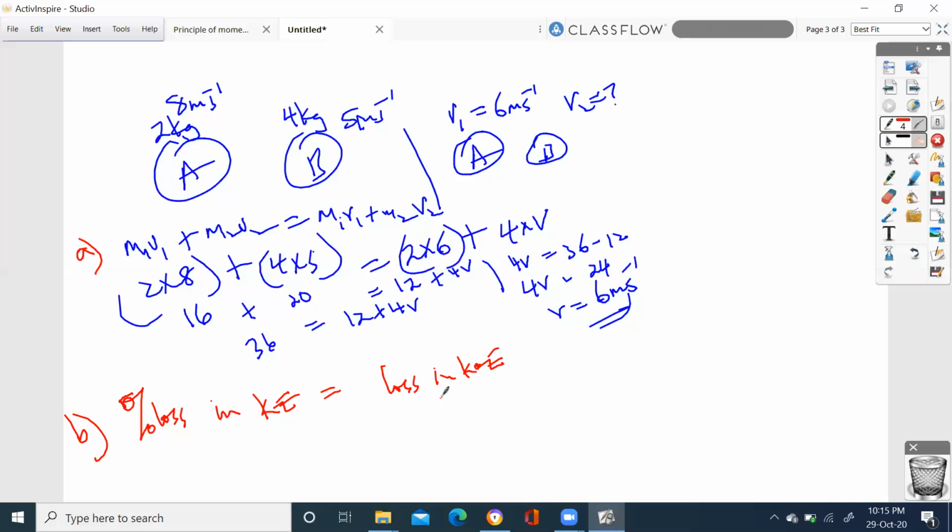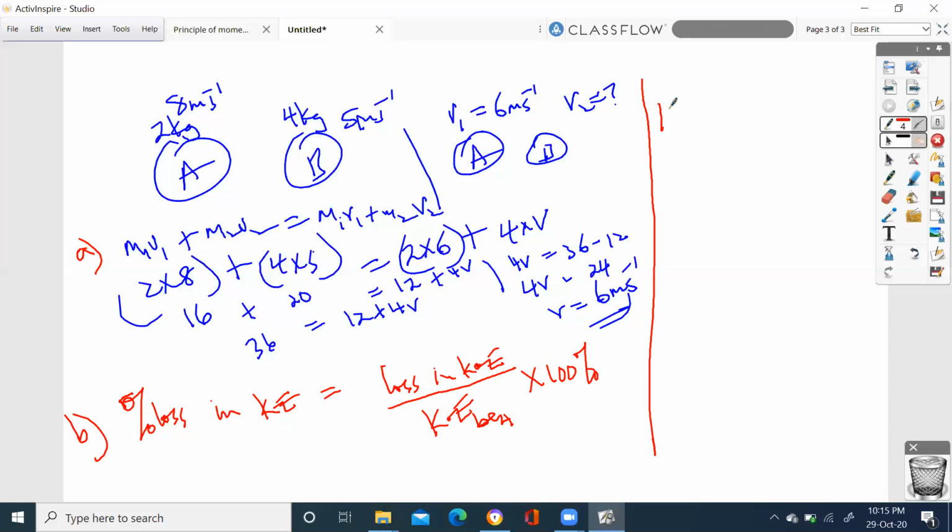Not too sure about that. The percentage loss in kinetic energy, percentage means that we're going to multiply by 100%, right? So we shall get the loss in kinetic energy, then divide by the original kinetic energy, kinetic energy before, then times 100%.